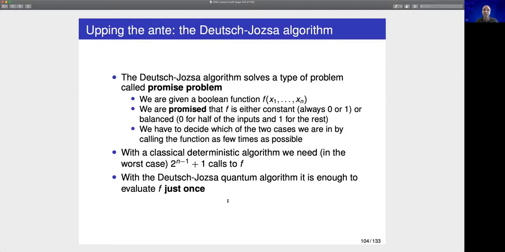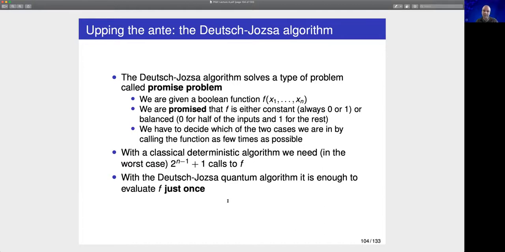So what we have here is what we call a promise problem. A promise problem is one in which we are not given a general input, in this case, a general Boolean function, but one that is selected from a reduced set of inputs. In this case, the function is going to be either constant or balanced.